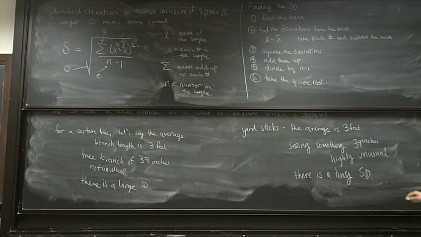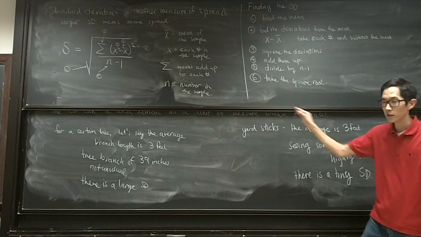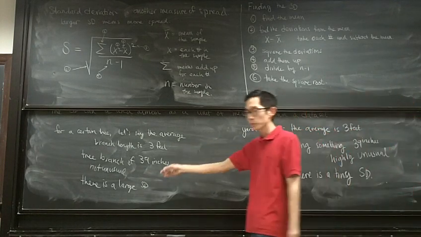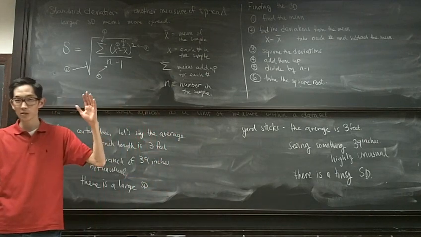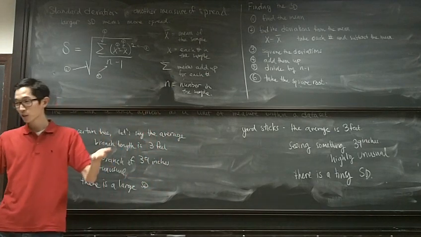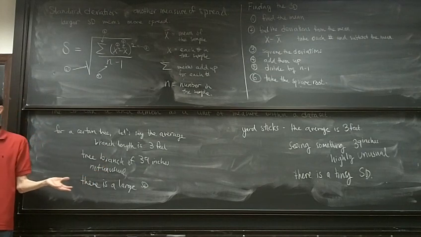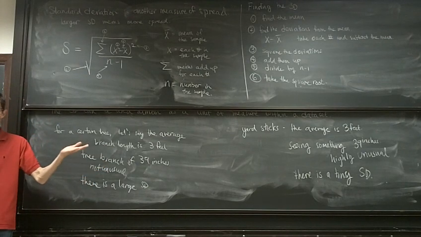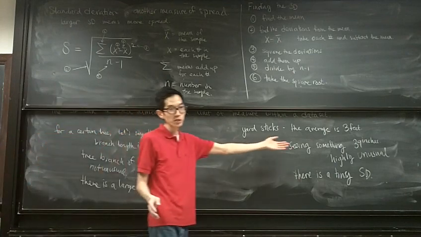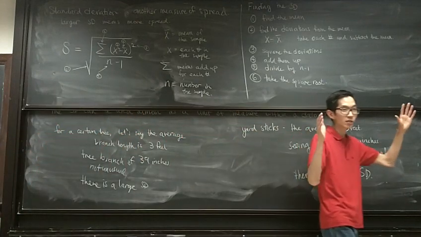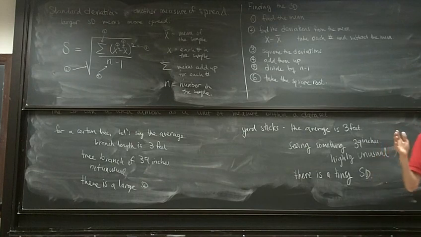Tiny standard deviation: the amount of spread is very small. The amount of spread over here is very big. Over here, we're expecting the difference from tree branch to tree branch to be quite a bit. We're not expecting all tree branches to be exactly the same. With yardsticks, we're expecting the difference from yardstick to yardstick to be incredibly small.